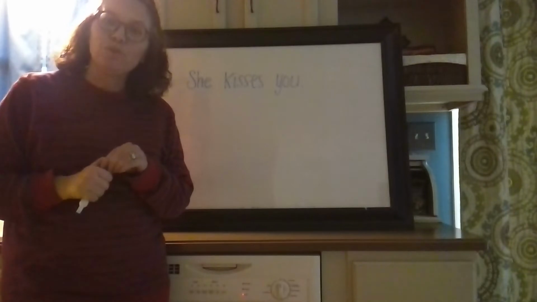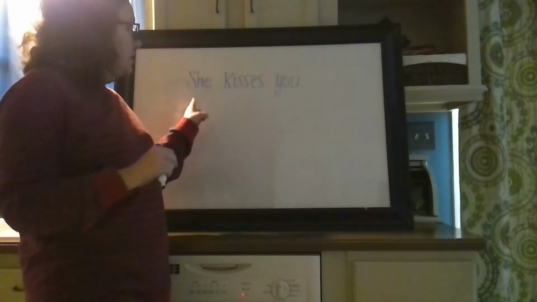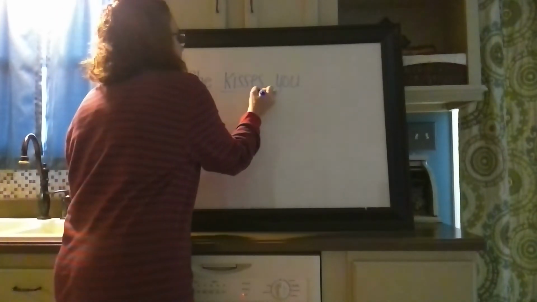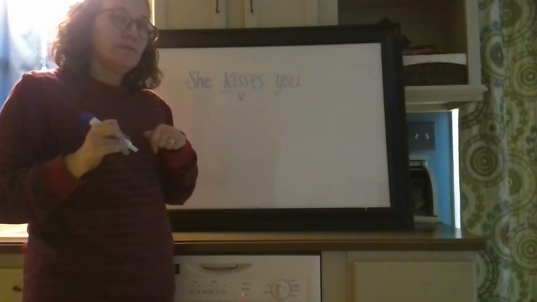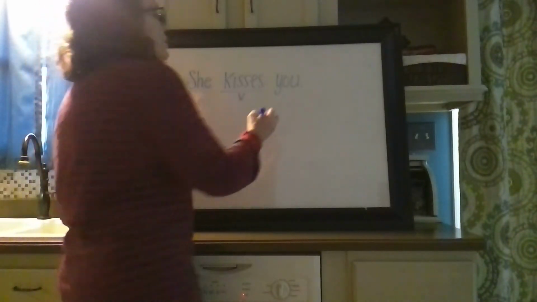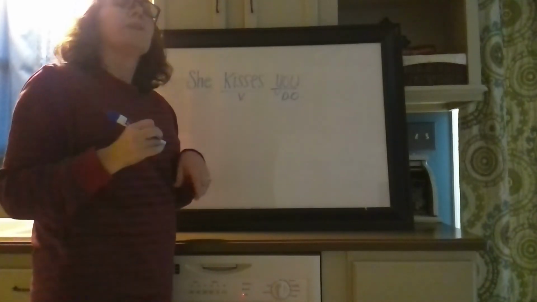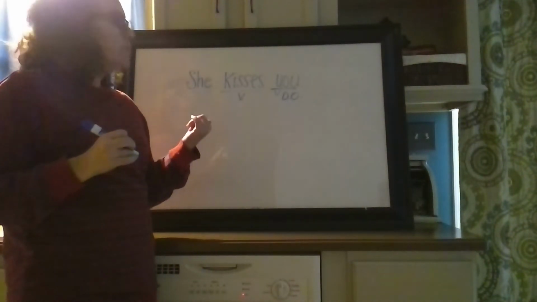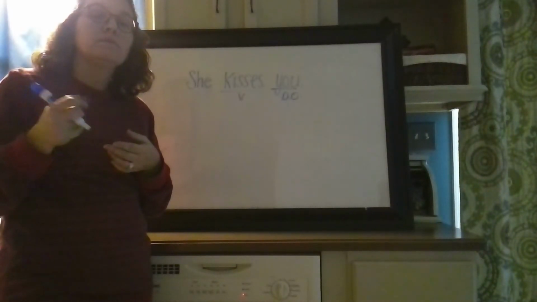She kisses you. Okay. Now in this case, she's the doer. Kisses is the verb. What does she kiss? You. Good. So you are the direct object. We're going to replace the direct object with a direct object pronoun. So what direct object pronoun replaces you?